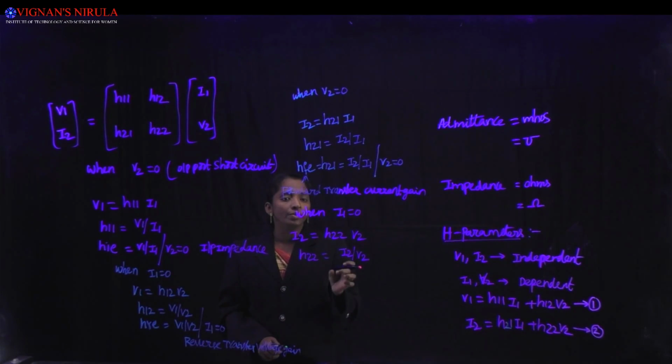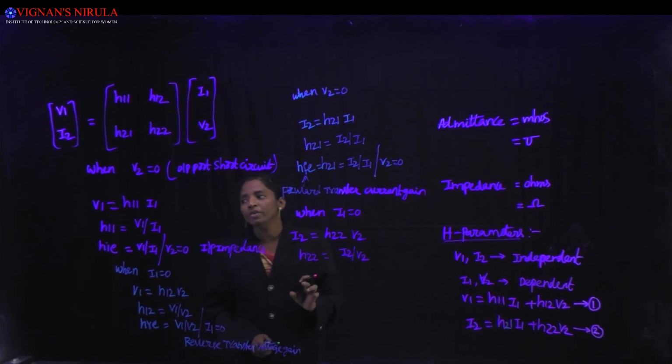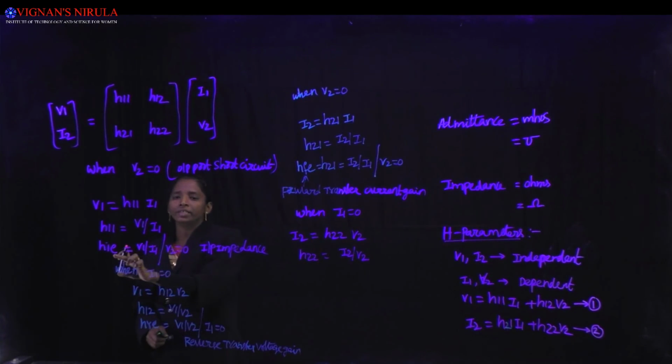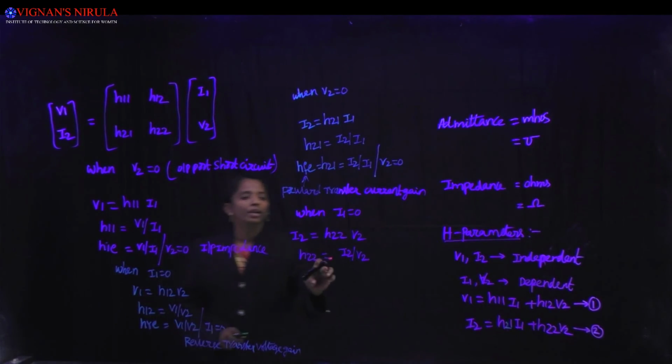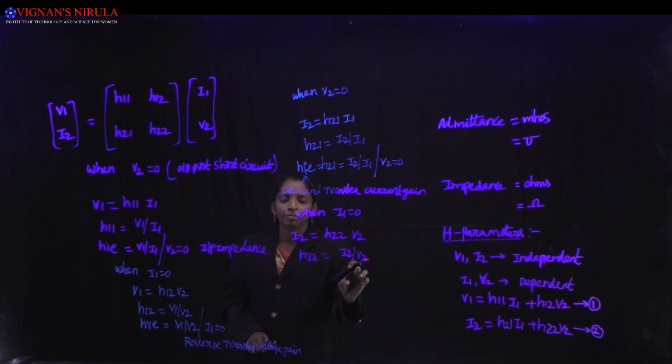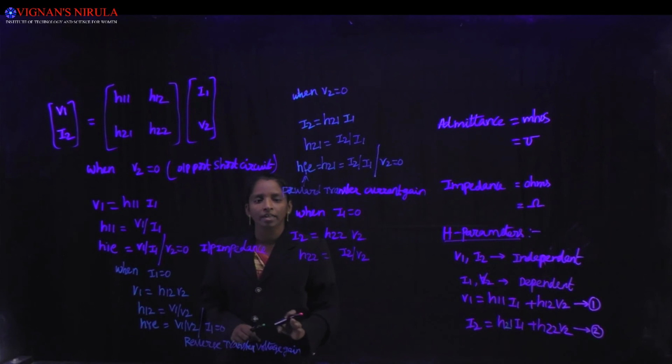So what are the units for admittance? The units for admittance is mhos. If you see the H11, that is input impedance. Here the units for impedance is ohms. Okay? The units for impedance is ohms and the units for admittance is mhos, and there is no units for voltage gain and current gain.